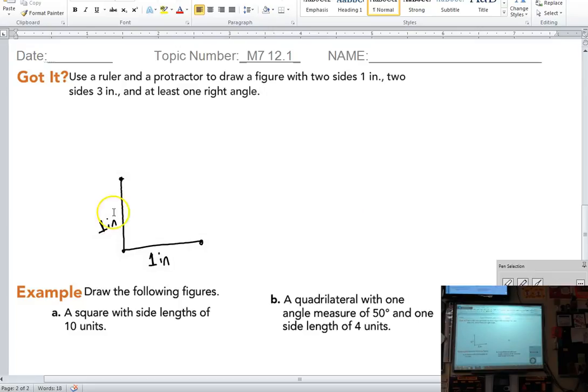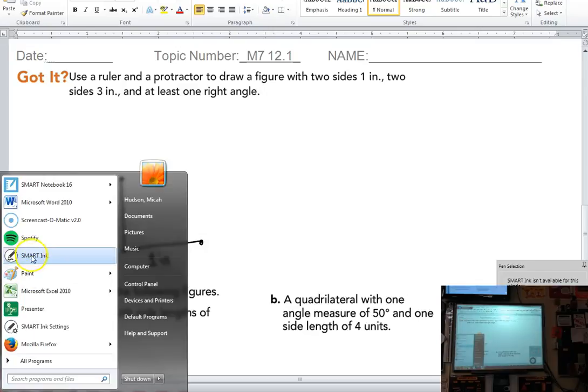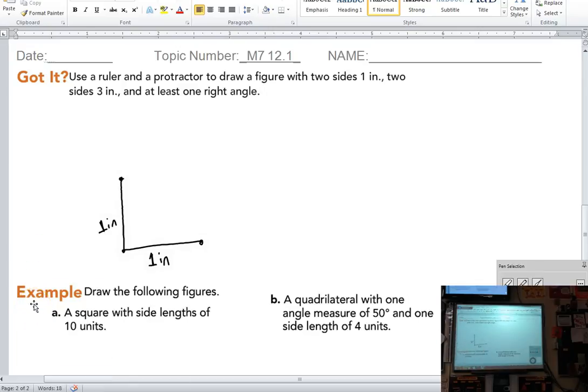Yeah, this is what I had when you did. So make your two 1-inch sides neighbor the right angle.